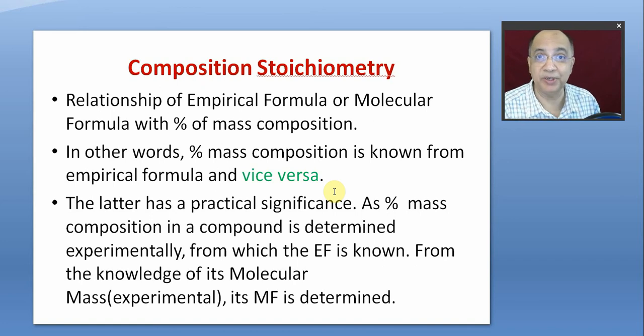After all, what is empirical formula? It is the simplest ratio between the atoms of different elements present in a compound. So that simplest whole number ratio gives you the stoichiometry of the compound, the mole relationship of elements present in the compound, which is fixed.